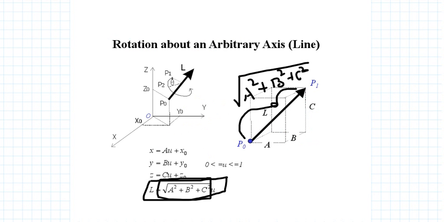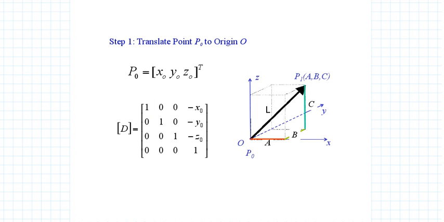So the distance from origin O to P0, or in simple terms, the coordinate for point P0 is x0, y0 and z0. So if you translate this line by minus x0, minus y0 and minus z0, then your line is going to pass through the origin.